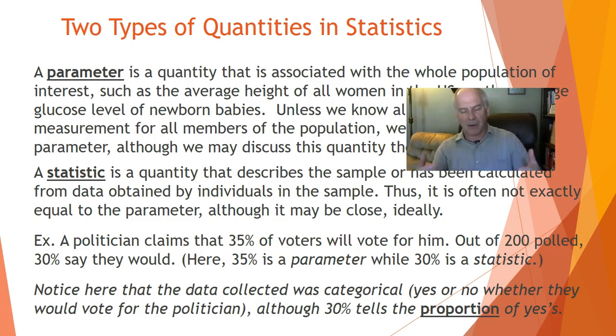So we take a sample. We collect the glucose levels for 30 babies, let's say. Okay, we measure their glucose levels, and then we get the statistic, which would be the average glucose level for all those 30 newborn babies. So that is a statistic because we calculated it from the sample.